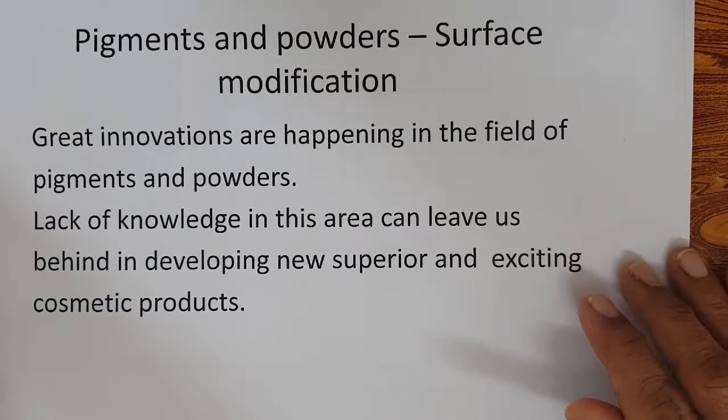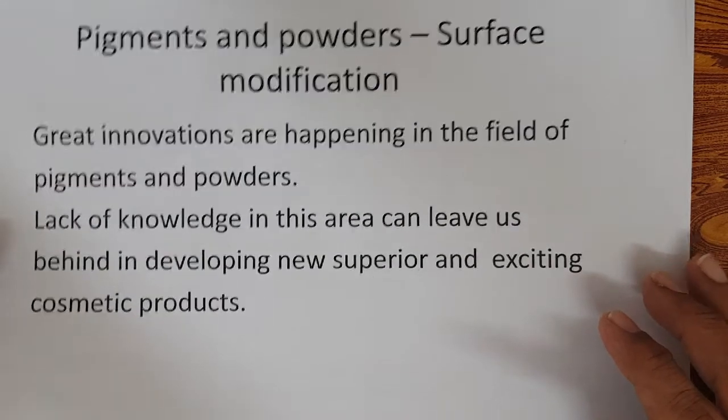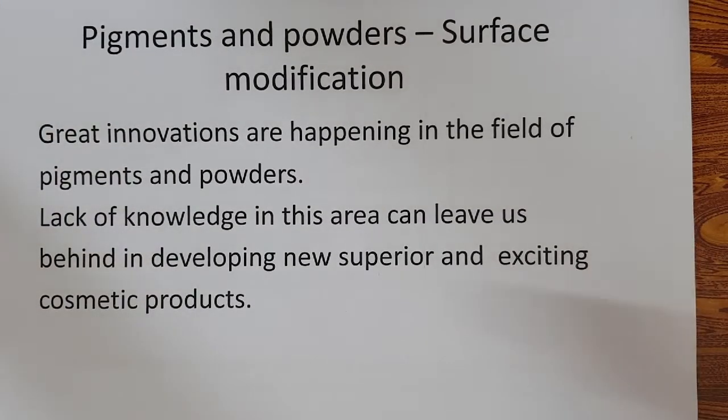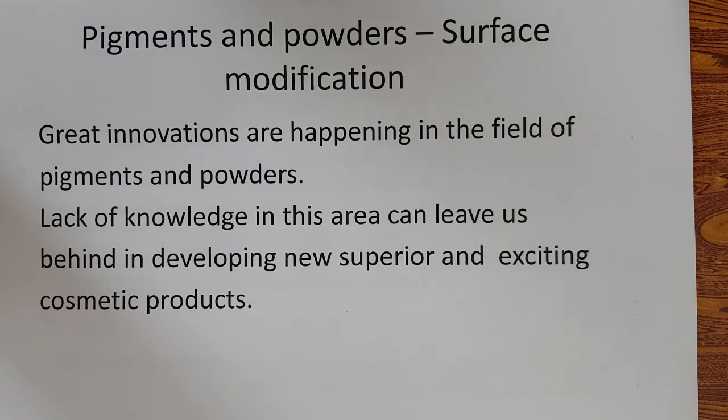So that is what I want to introduce, what is happening in this field, so that people should explore this area that can make your product exciting and superior, especially color cosmetic products and also sunscreens, inorganic sunscreen products. This is what I would like to share with you in this session.